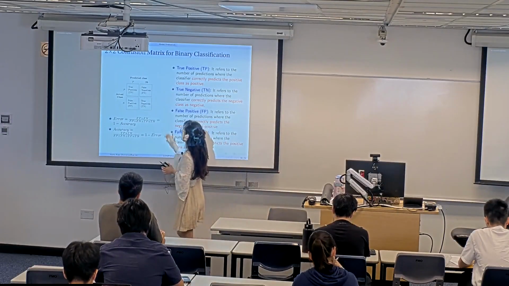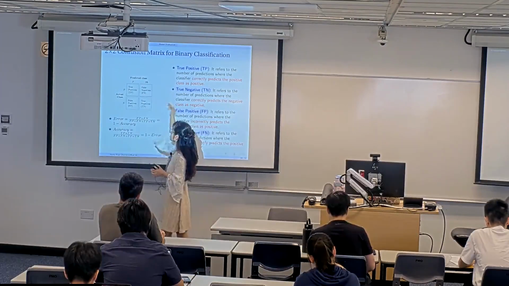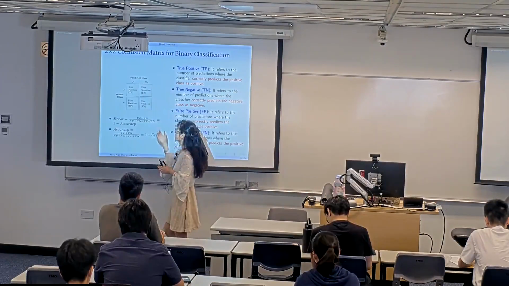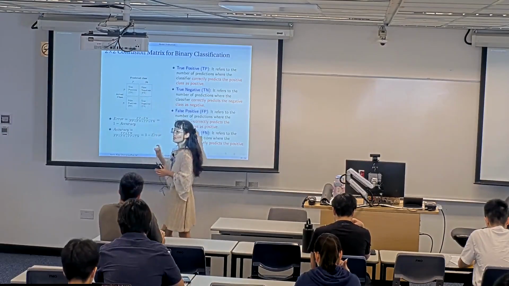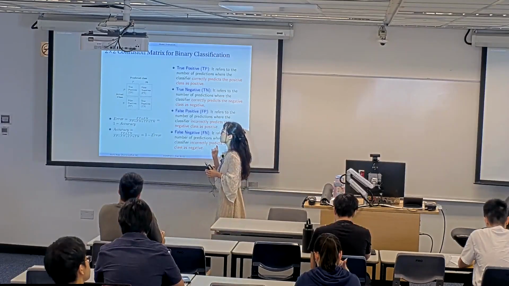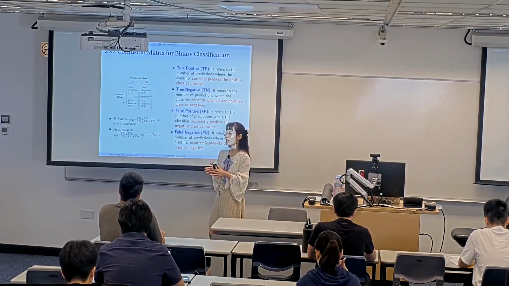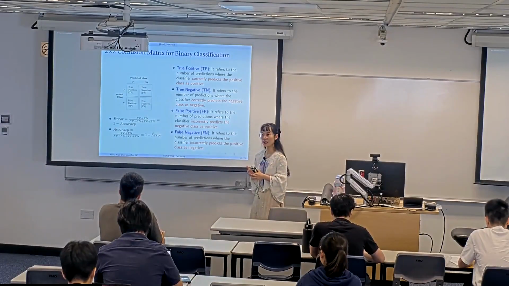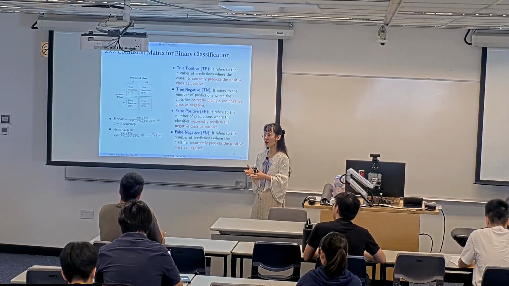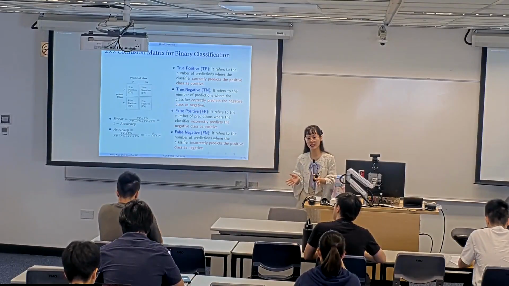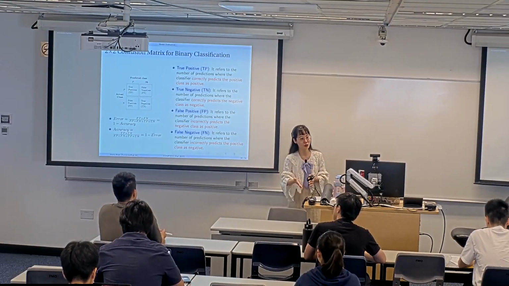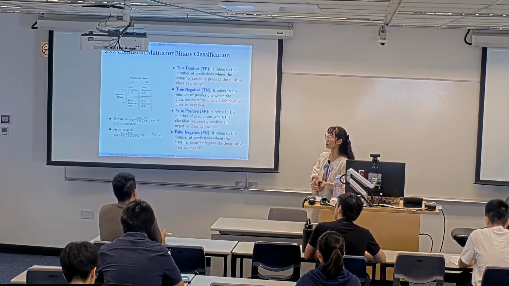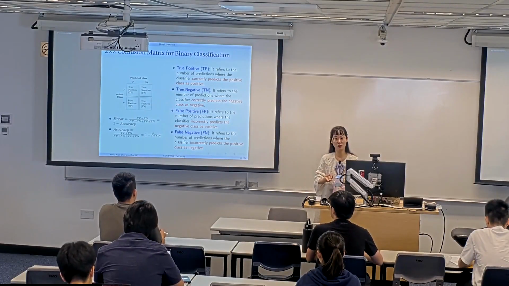Here, suppose we use the columns to represent the predicted class. The first column represents the testing data samples that have been predicted as positive, and the second column represents the testing data samples that have been predicted as negative. Because for any testing data, after you use your model to predict it, it can be positive or negative, right? Only these two possible classes.